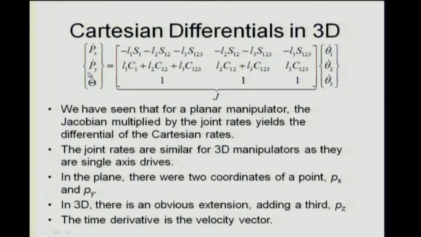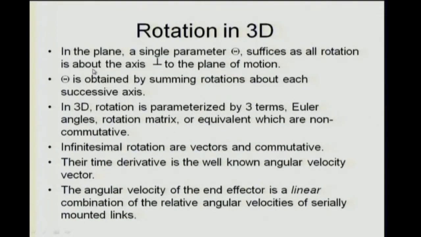In the plane, we have two coordinates px and py. In 3D, very simple extension, you have pz also, right. And then you had px dot, py dot, and if you take pz dot, that gives you the velocity vector. So this extension is extremely simple, no problems.